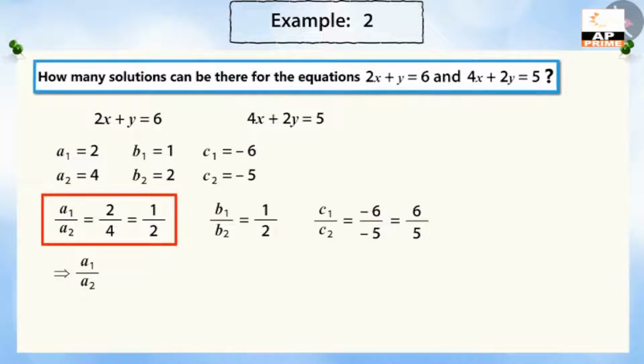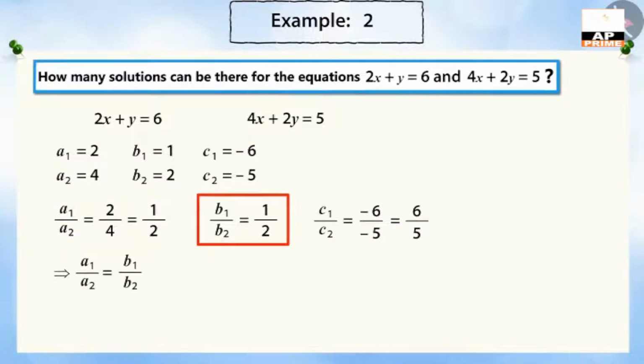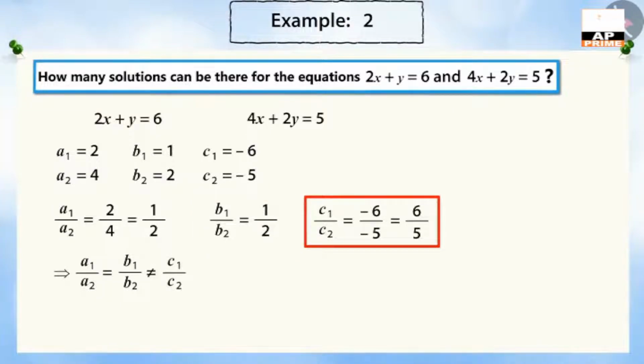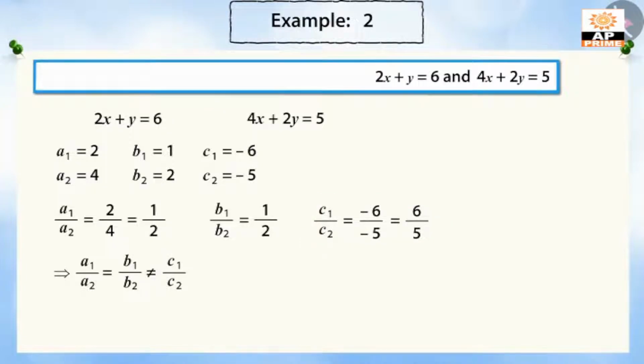We see that here a1 divided by a2 is equal to b1 divided by b2, but that is not equal to c1 divided by c2.